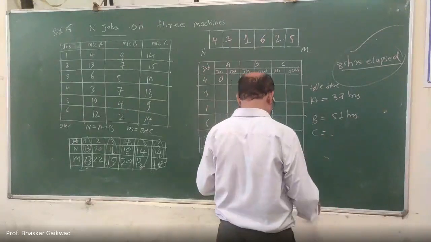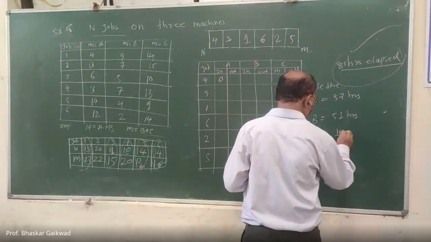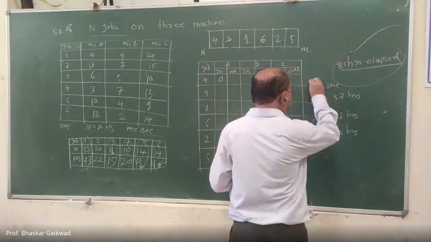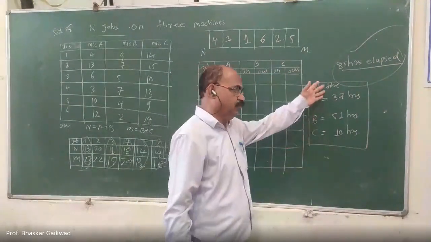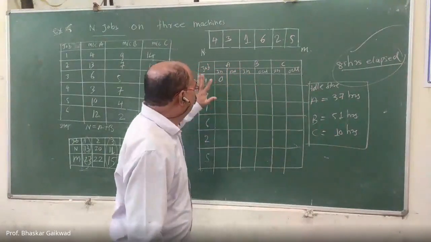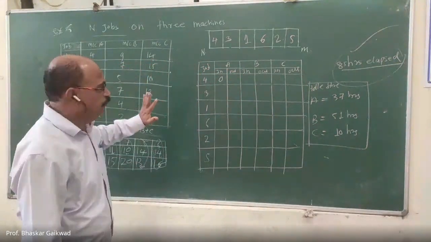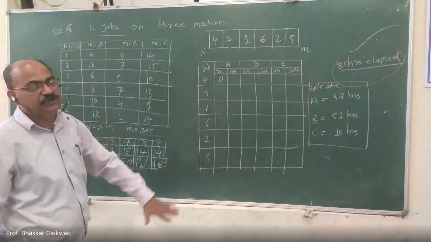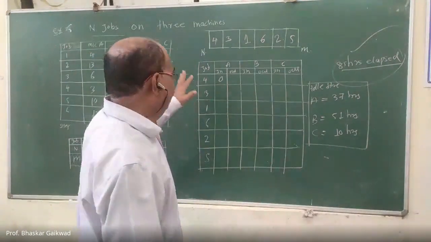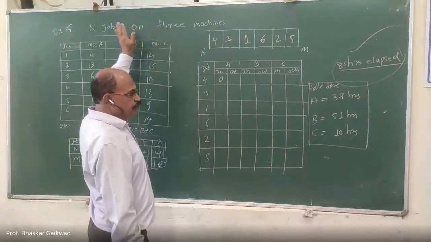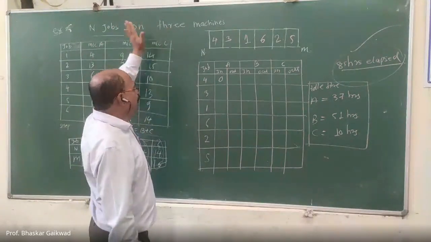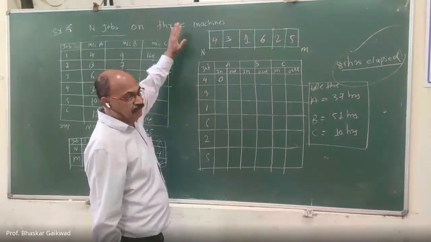And idle time for C, you can get the answer tomorrow. So today we stop here. This is about sequencing. Three types of sequencing are there: processing a job on 2 machines, processing jobs on 3 machines, and processing jobs on 1 machine.